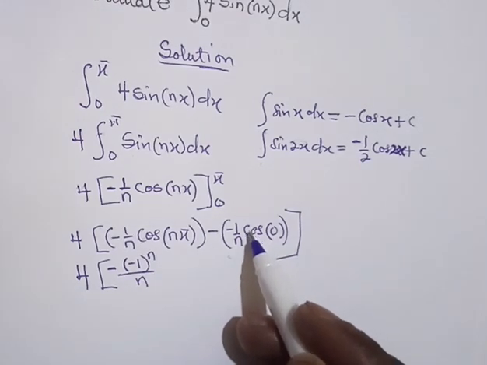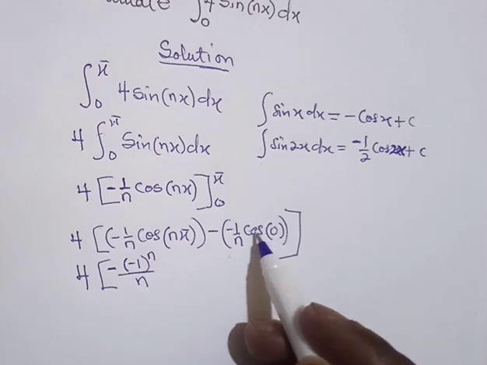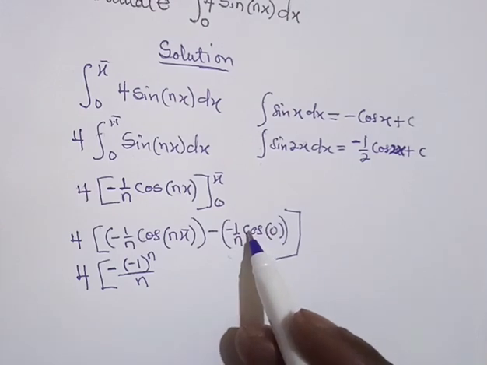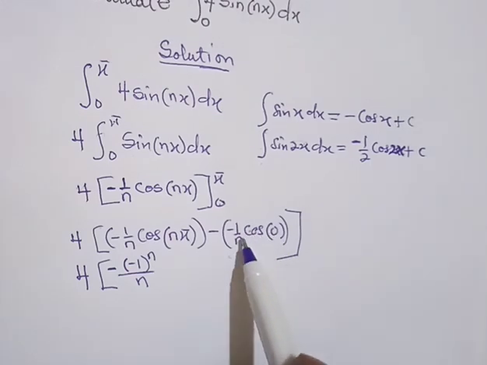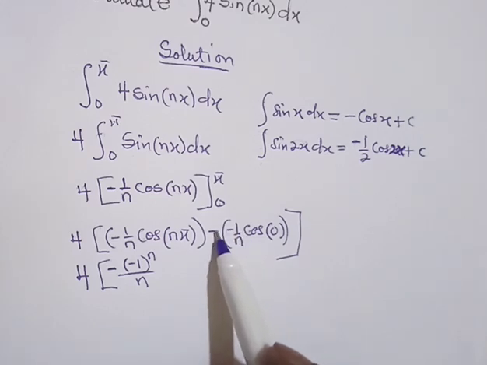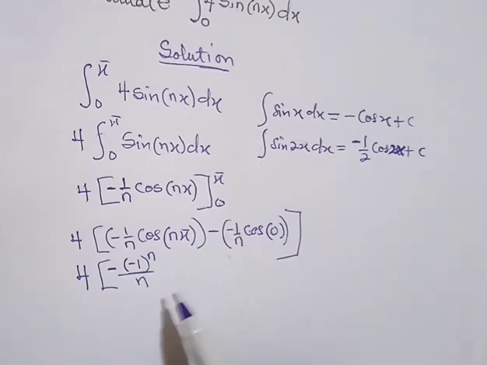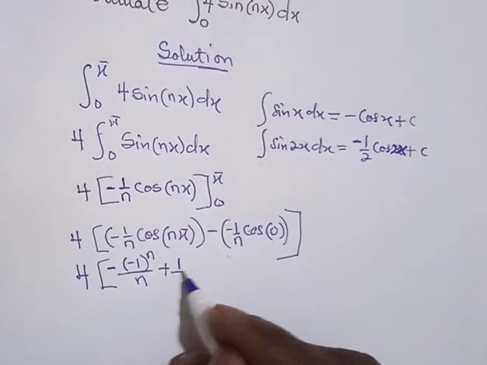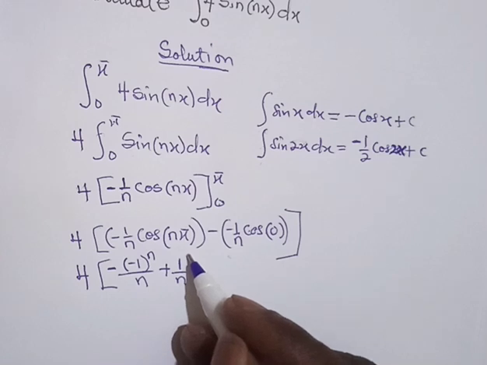Now, when you take cos 0, we know that cos 0 is giving us 1. You can also take your calculator, but make sure your calculator is in radians. Yes, then you get 1. So 1 times 1 will give us 1. But remember, there is a negative sign here. So here we are getting plus 1, all divided by n.